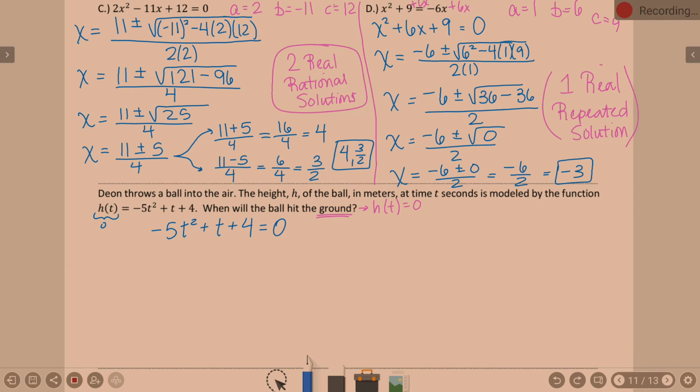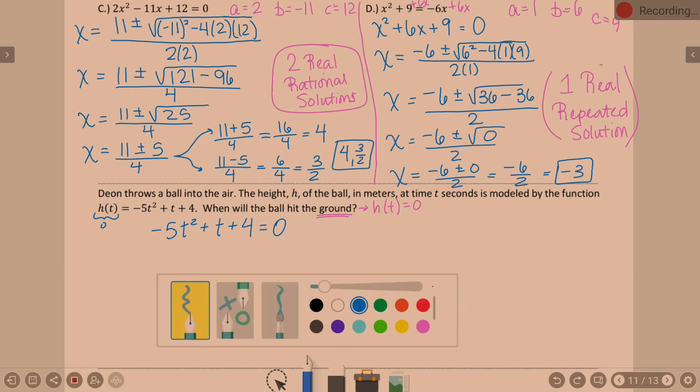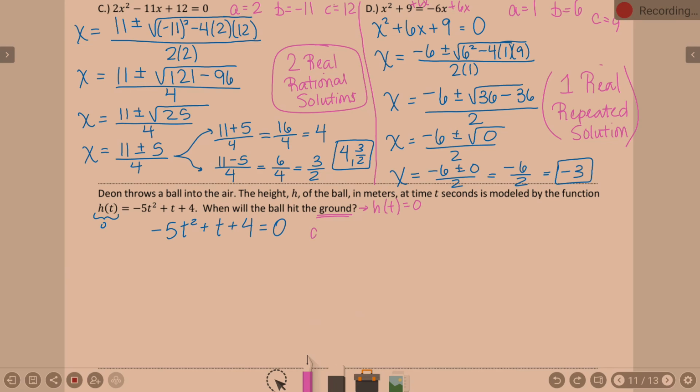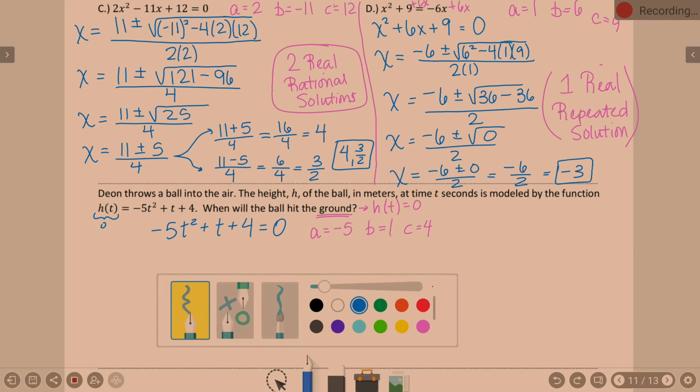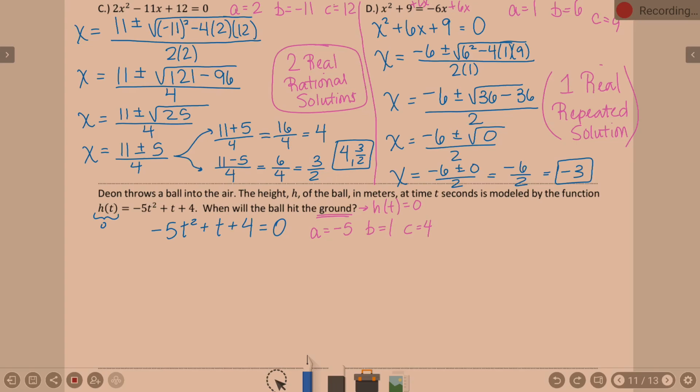Now, did you want your ABCs? Sure. What's A? Negative 5. What's B? The invisible 1. And what's C? 4. Now, instead of saying x equals, I'm actually going to say t equals because my variable is t.